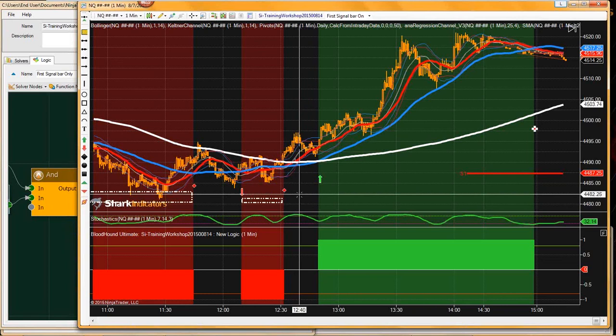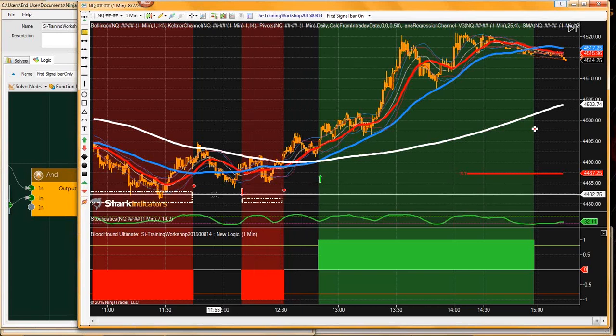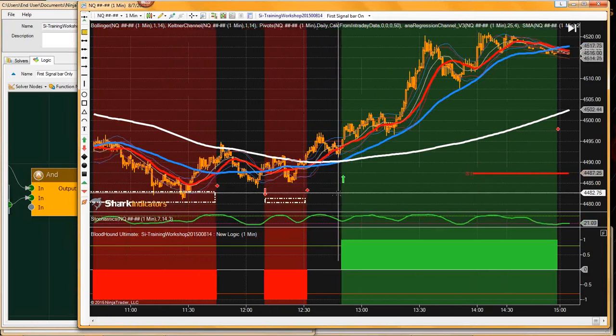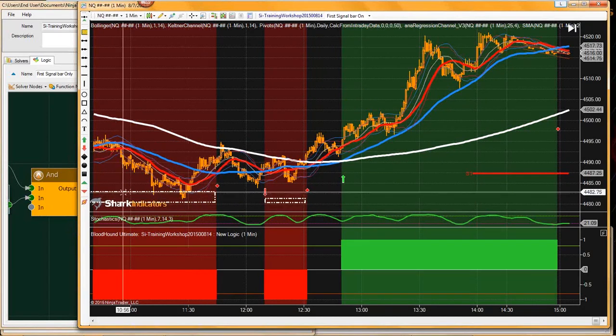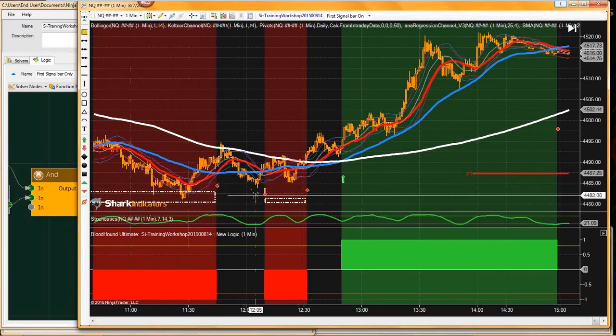I think the way I'm going to approach this, I'm going to test this out. I don't know if it's going to work or not, but I can quickly test it. I'm going to invert these signals here. What we're seeing are the entry signals, so I'm going to invert these entry signals, which should basically turn off the signal when there is one and turn on the signal when there is no signal.